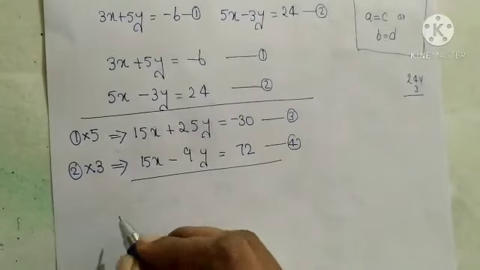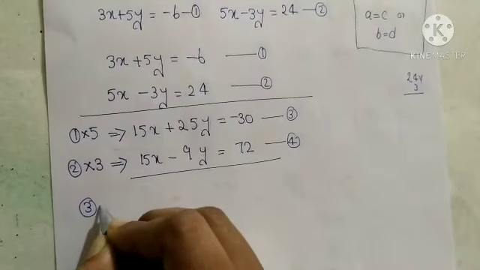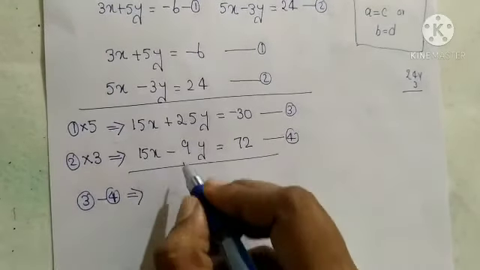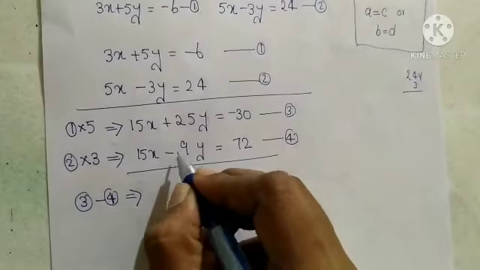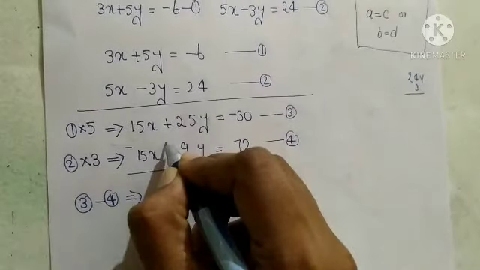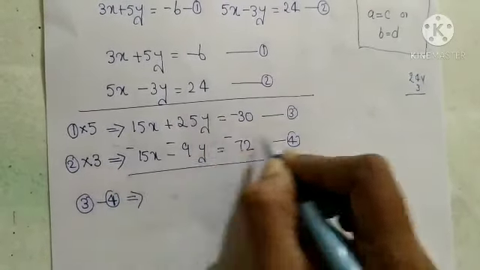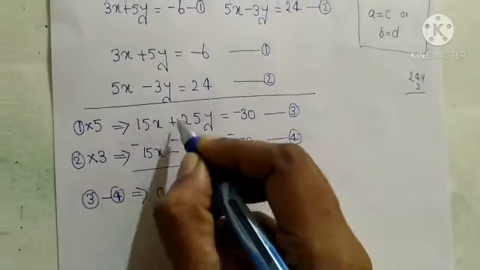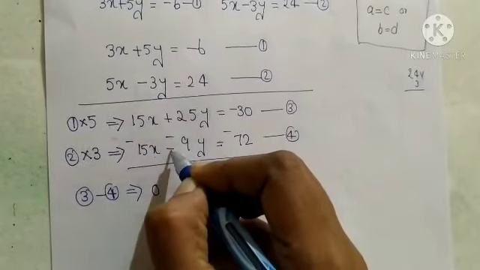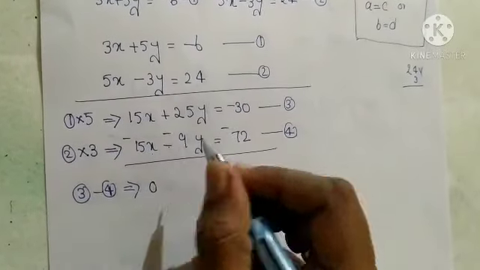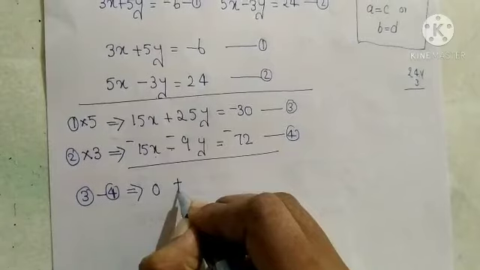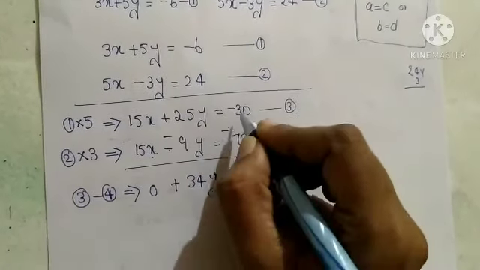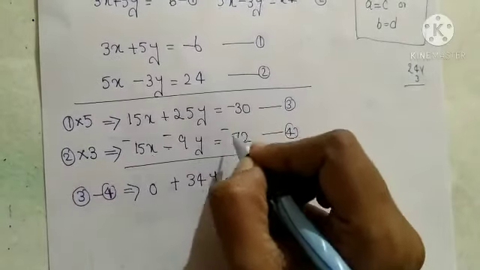Next I am going to subtract equation number 4 from equation number 3. 15x minus 15x will lead to 0, and 25y minus of minus 9y becomes positive, 25 plus 9 will become 34y, equal to minus 30 minus 72.